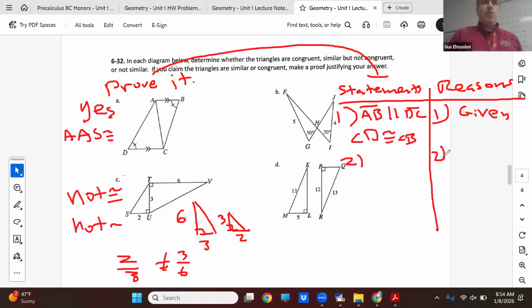Now AC is a part of both triangles, right? Because there's two triangles we're trying to prove, they're the same, and AC is part of both of them. When I say AC equals AC, what's the reason for that? Yeah, you say reflexive, because anything will always equal itself. It's like a reflection in the mirror, right? You see the same thing.